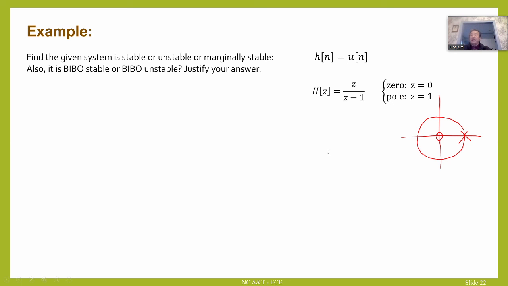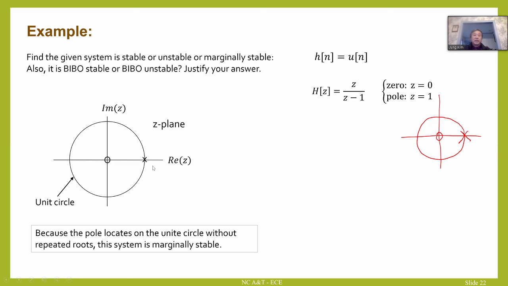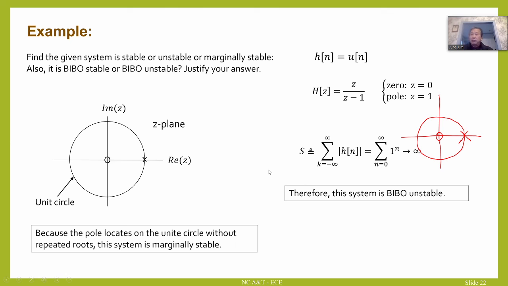Okay. So this is marginally stable, and also we can use the summation. The unit step u of n is 1, starting from 0 to infinity. So 1 to the n, so 1 plus 1 plus 1 plus 1, to infinity, that's infinity.